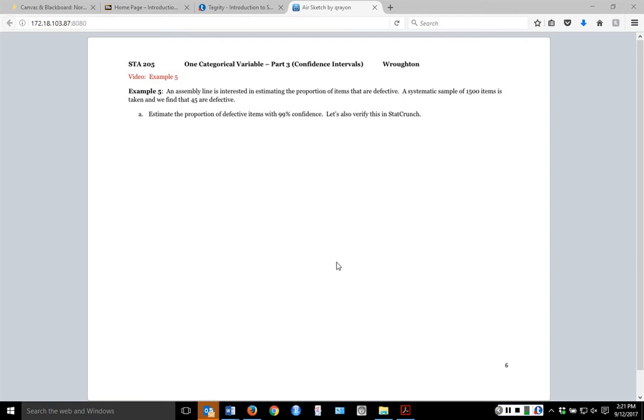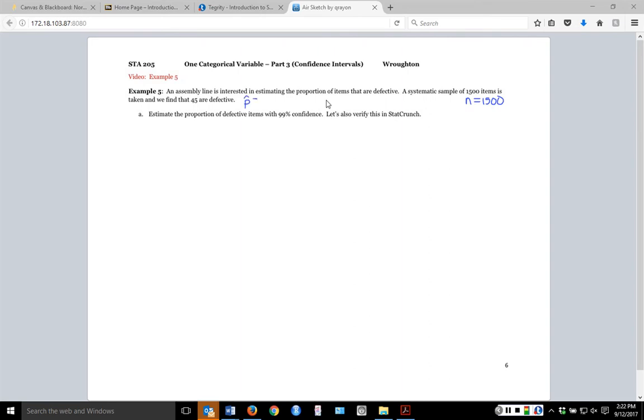So, hopefully now you've already worked the problem. And so first, by just reading through the problem, we're trying to estimate the proportion of items that are defective. So we're taking a systematic sample of 1,500 items. So that's going to be our N. And we found that 45 of them are defective.